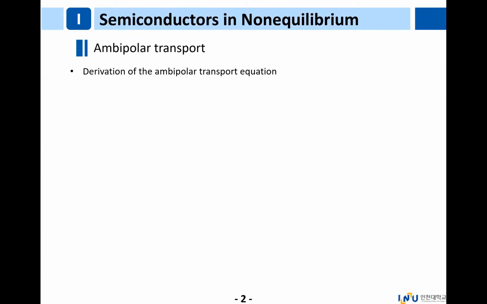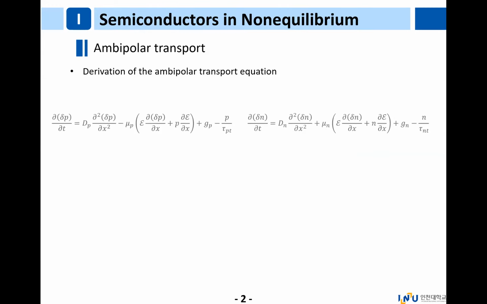The continuity equation derived in the previous class is as follows. So in ambipolar transport, electrons and holes always move in pairs.